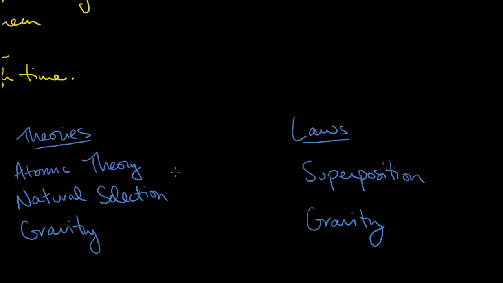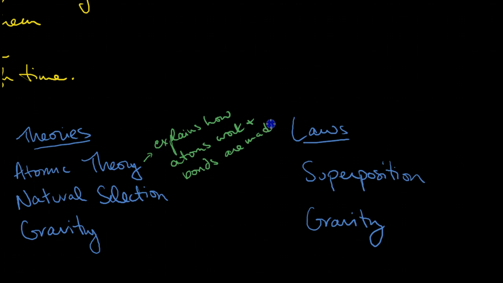And very quickly, I'm going to just mention what these things are, what they're about. So the atomic theory, again, explains how atoms work and how bonds between atoms are made.